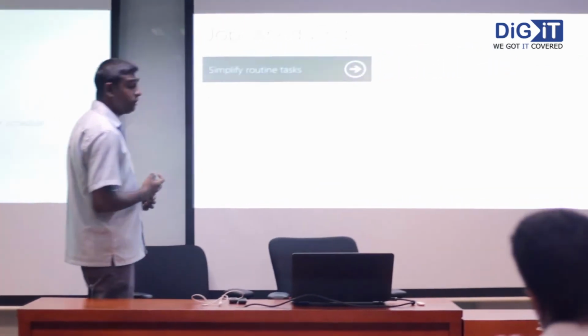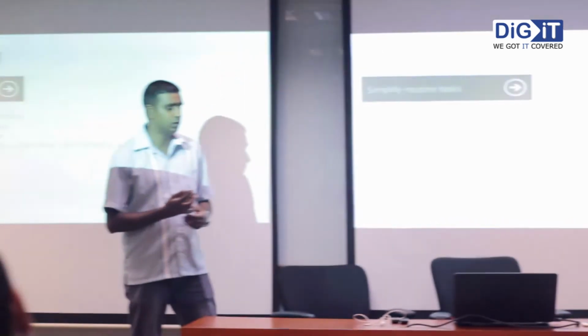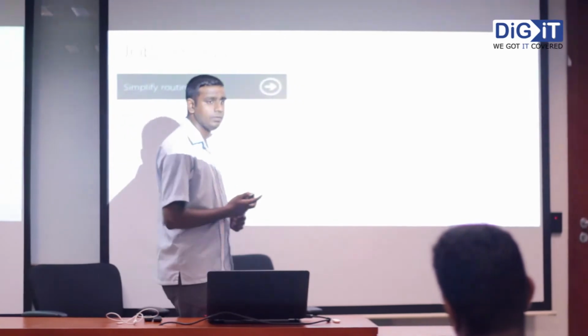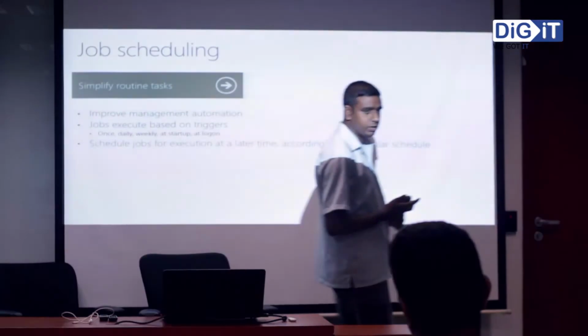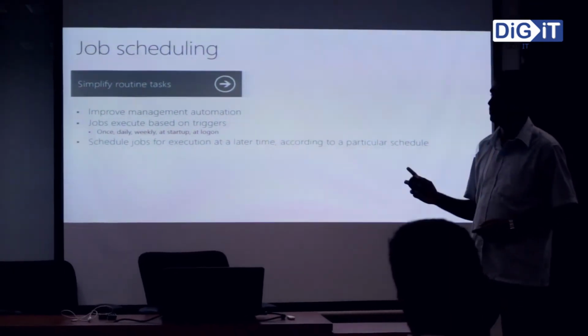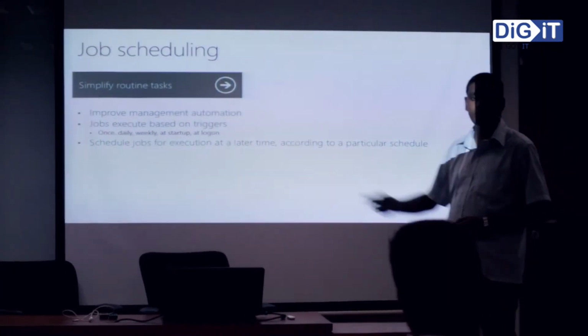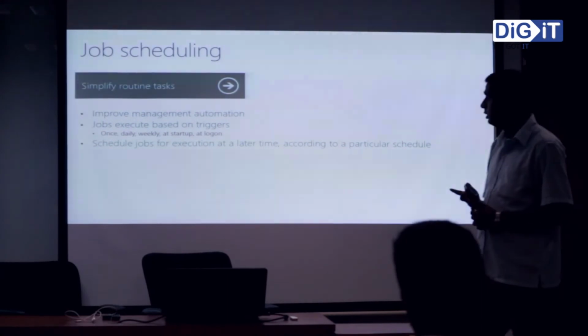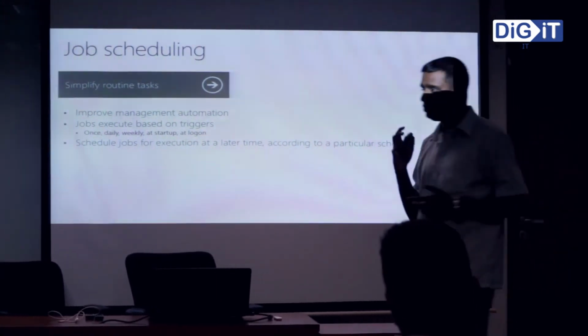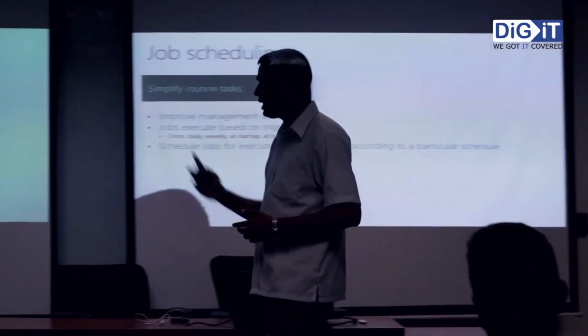And about job scheduling, the task scheduler. Why do we need to run a scheduled task? You may need to take a backup at 2 p.m., but you need to run it one time at 2 p.m. So simple as that, you can have a scheduled task, and you can execute it based on triggers. When user John logs in, run this scheduled task.